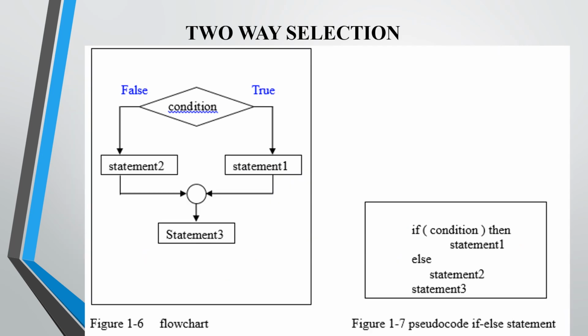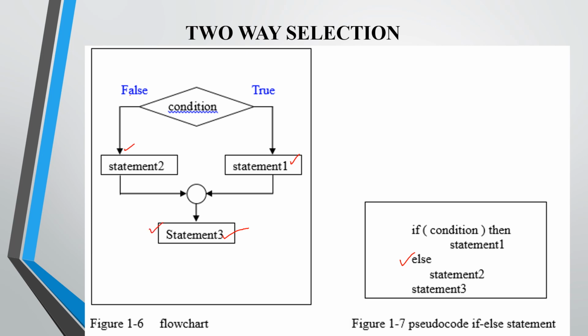Moving on, if we have two-way selection, ito naman kapag meron siyang what if hindi naging true, anong ibang gagawin? We will make use of the else. We'll just include the else statement. So if the condition is true, perform statement 1, then statement 3. Otherwise, if the condition is false, it will perform statement 2 and statement 3.